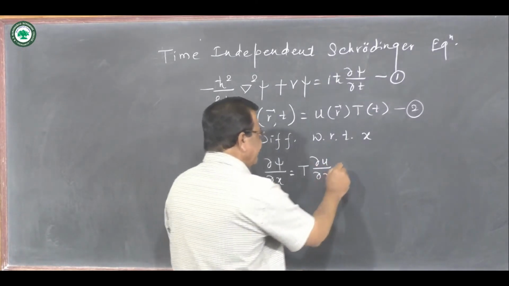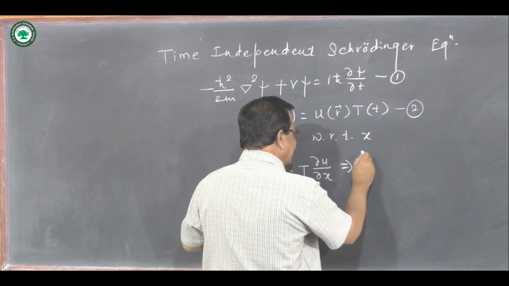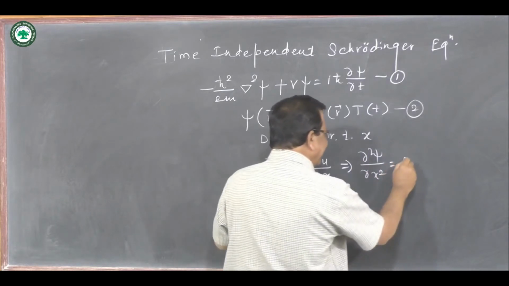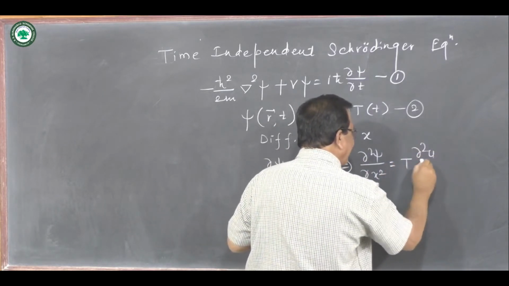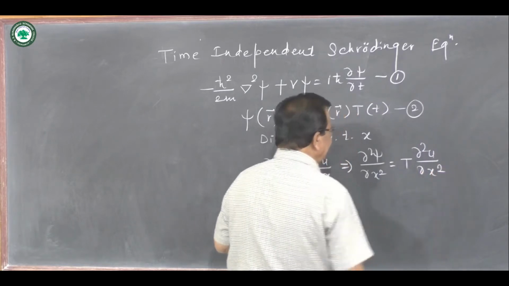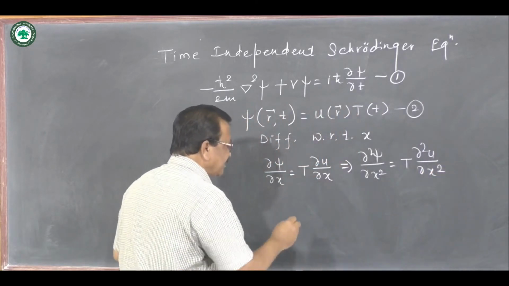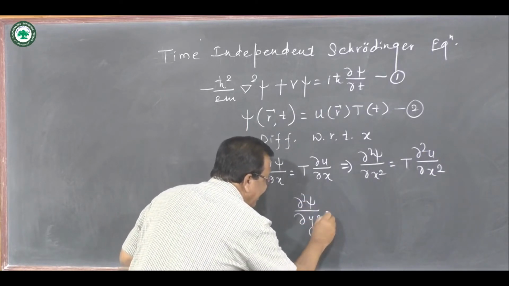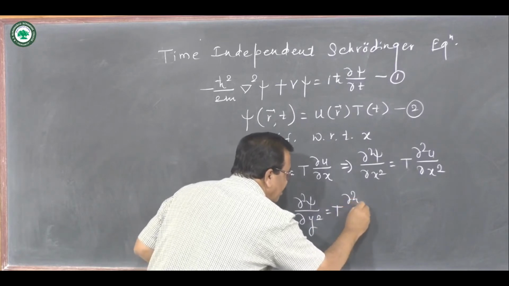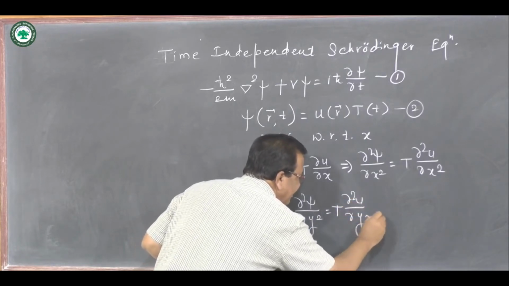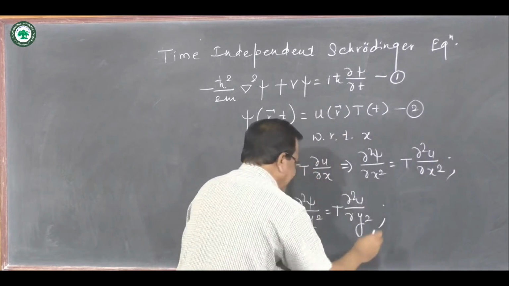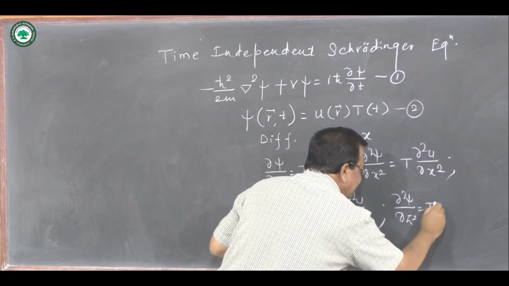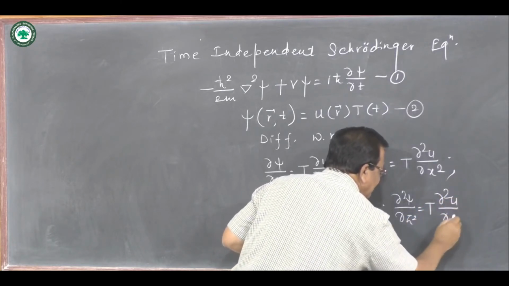One more derivative gives dabba 2 psi by dabba x square equal to T times dabba 2u by dabba x square. Similarly, dabba 2 psi by dabba y square is T times dabba 2u by dabba y square, and dabba 2 psi by dabba z square is T times dabba 2u by dabba z square.